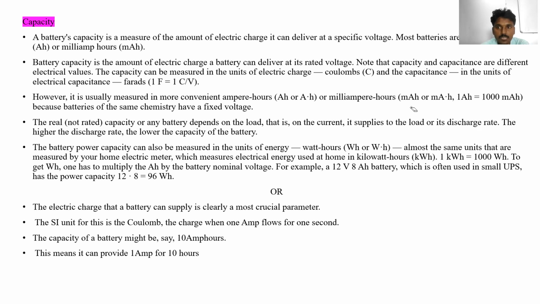Note that capacity and capacitance are different. The capacity of a battery can be represented by ampere hours or milliampere hours, mostly Ah or mAh.